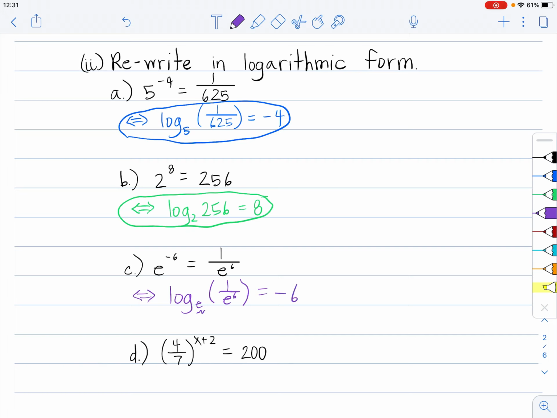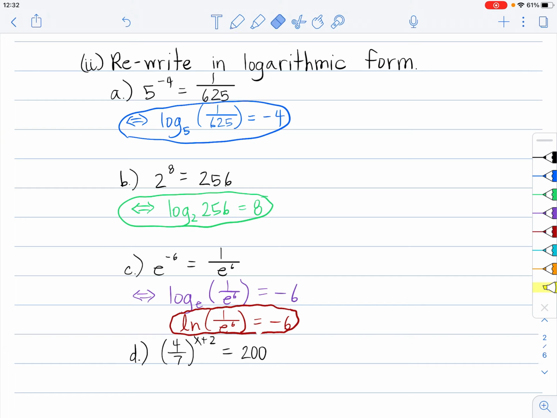Because base raised to the answer equals the inside. But log base e is not how we actually want to write this guy. Log base e is usually written ln of 1 over e to the 6th equals negative 6. And this would need to be our final answer for this one.